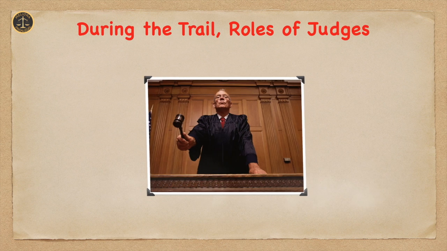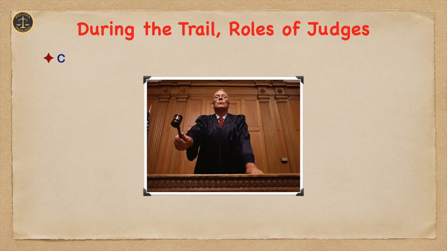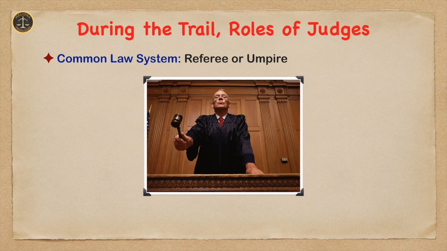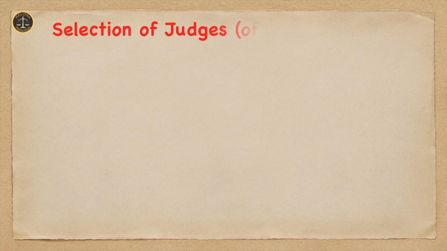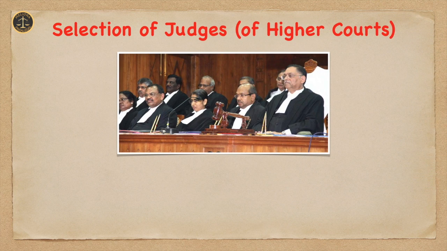Next, during the trial, roles of judges. In common law system, judges are considered as referee or umpire, but in civil law system, judges are considered as director or examiner. Next, selection of judges of higher courts.